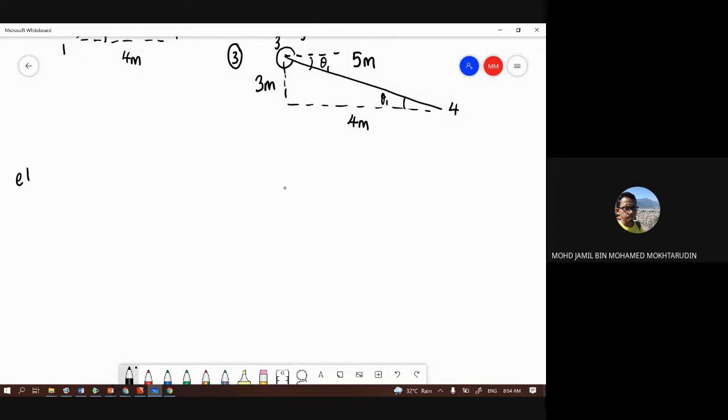So element 1, element 2, and element 3. First the length, in meter, and then the angle.